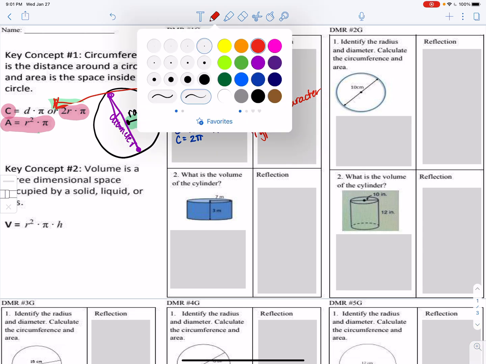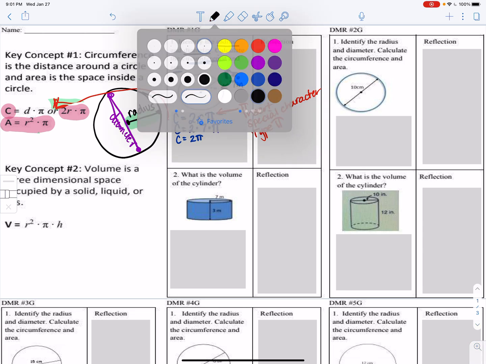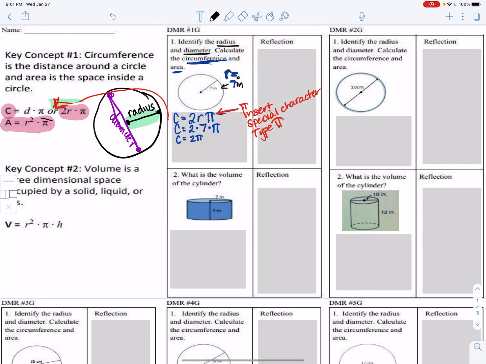Okay, so now that we have figured out the circumference, we now have to figure out the area. So area still just comes from the formula that is over here. So A equals pi r squared. You should know how to do that by now too. That's format, text, superscript, and then type your pi.